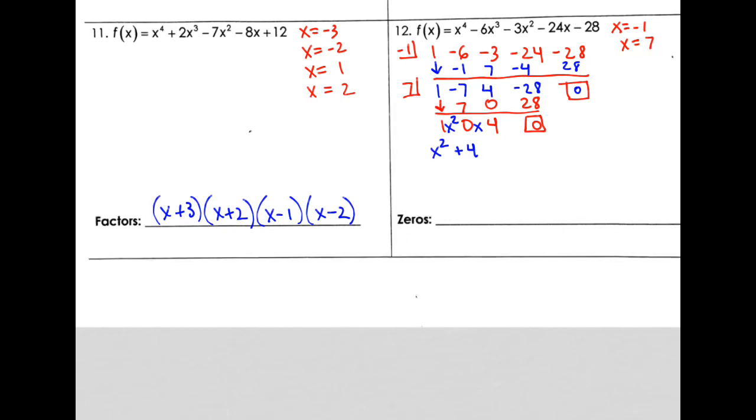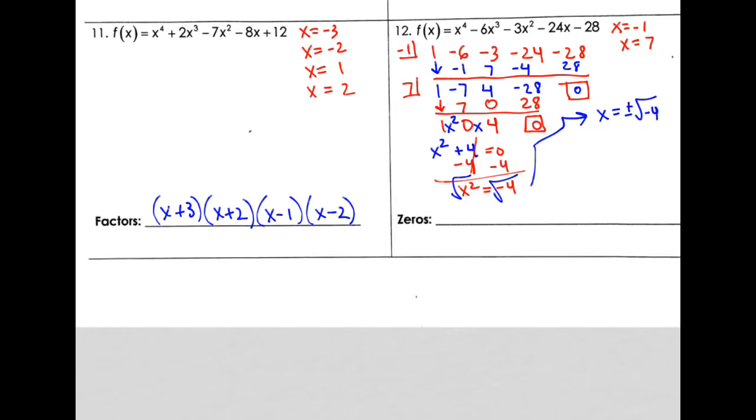We can solve this one by square root, so we'll set that equal to 0. We start solving, so -4 minus 4, x squared is equal to -4. We're going to take the square root. x is equal to plus or minus square root of -4.